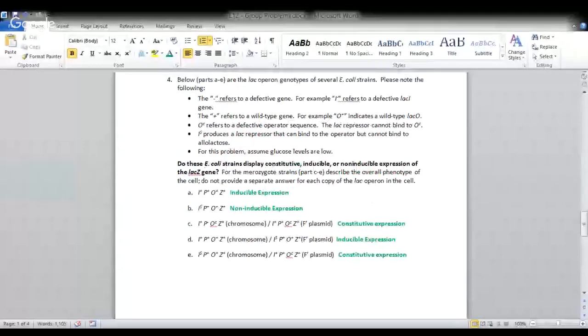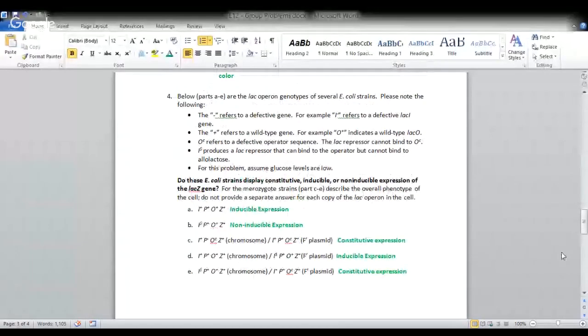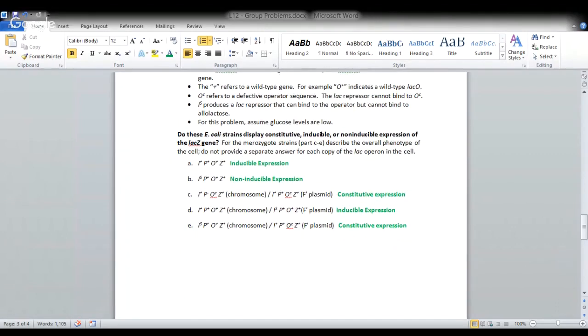All right, so number 4, it's giving us our key that the minus sign is a defective gene and the plus is wild type gene. It's giving us these different genotypes, and it's asking if it's going to give us constitutive, inducible, or non-inducible expression of the LAC-Z gene.